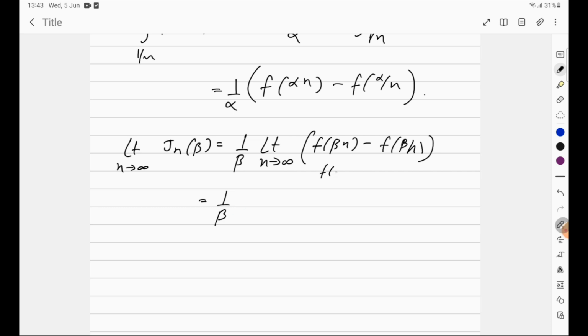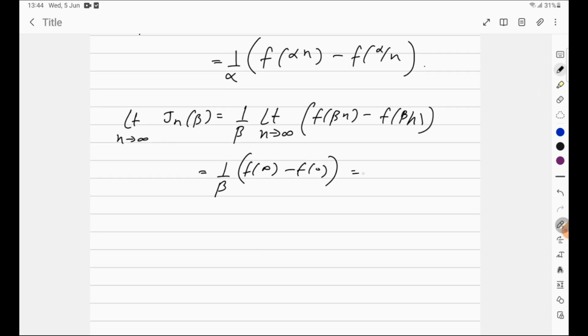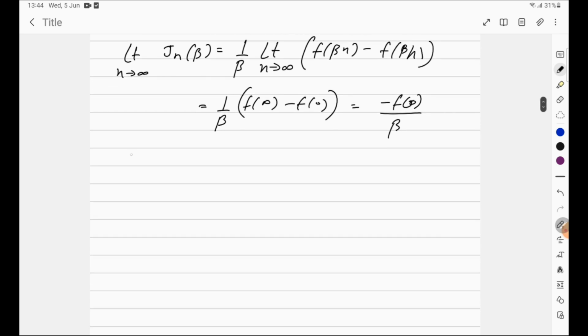So this approaches f of infinity and this approaches f of 0. So this becomes f(infinity) minus f(0). So I get minus f(0) over beta. Alright, this is our J_n(beta) simplified.